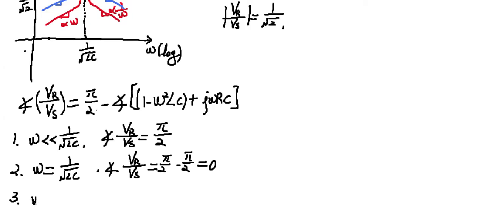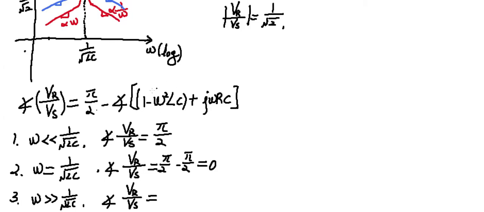And finally, if omega is much larger than the resonance frequency, you will see for the denominator, the first term, omega is much larger than 1 over square root LC, so that means this is a negative number. At the same time, again, because it's underdamped, the imaginary part is much smaller than the real part.